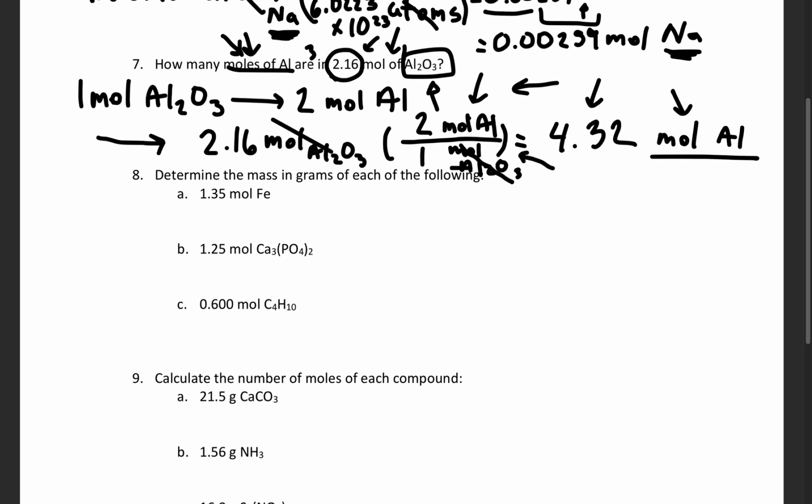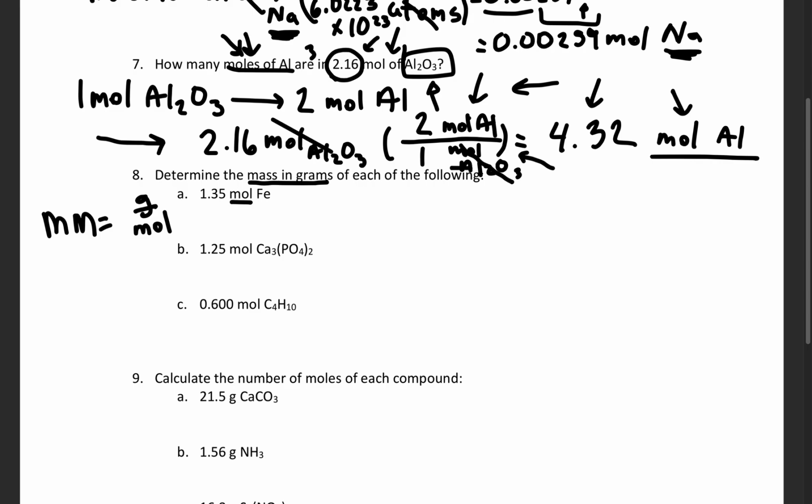Now, when you set up a stoichiometry problem, you're being asked for mass in grams, and you're being given moles. So we know that molar mass is always in units of grams per mole. So we need to figure out what is the molecular mass of iron. So I can look on the back of my lab notebook or my lab manual and see that the atomic mass or the molar mass of iron is 55.845.